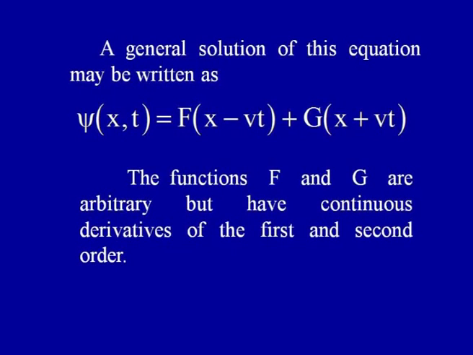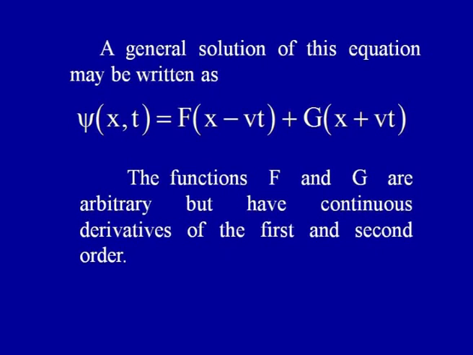You see, this equation is a second order equation in time and the variable x, and we know a partial differential equation like this shall need two initial conditions and two boundary conditions for a well defined solution. But these conditions are really not needed if we are interested in ascertaining a general form of the solution of this equation.